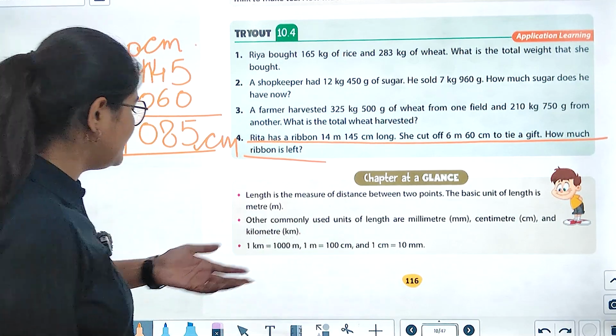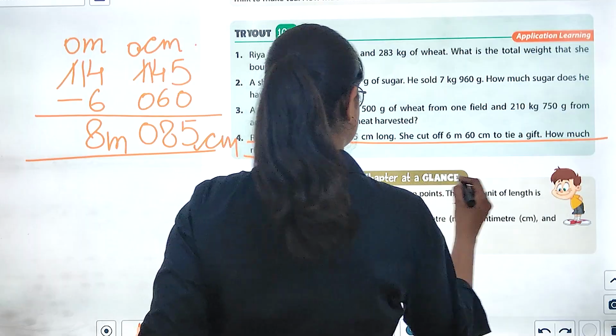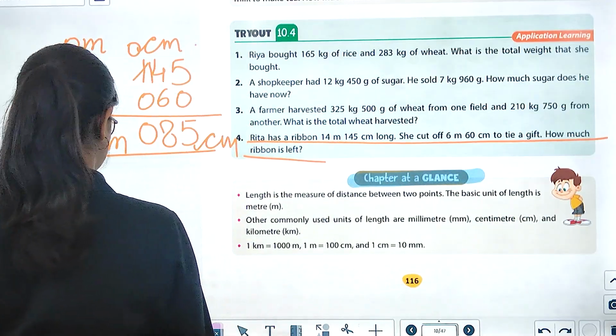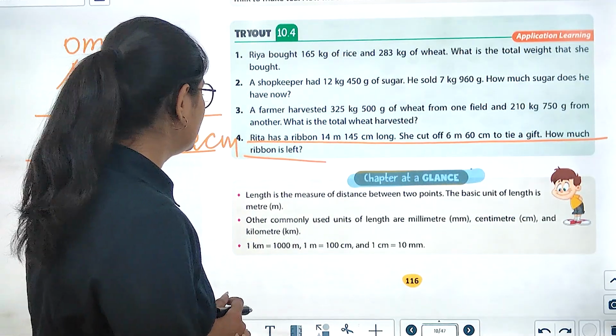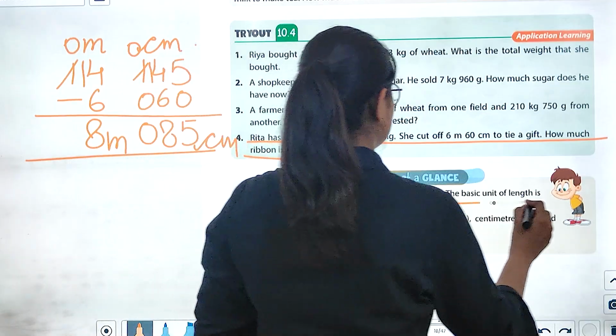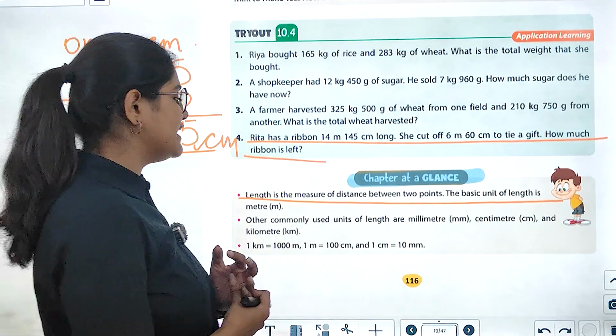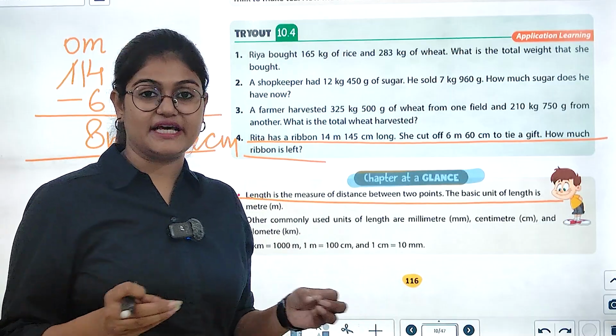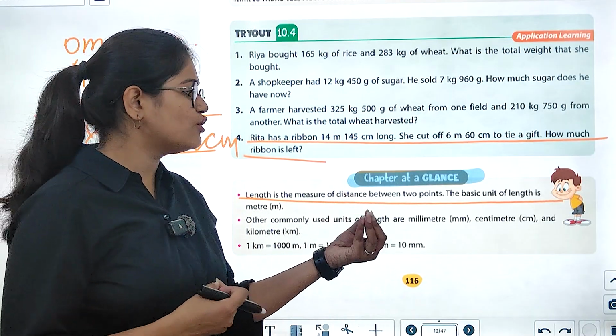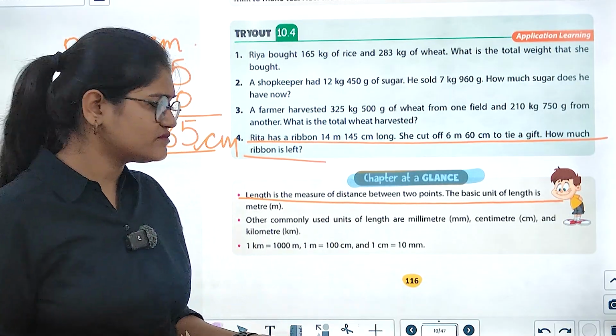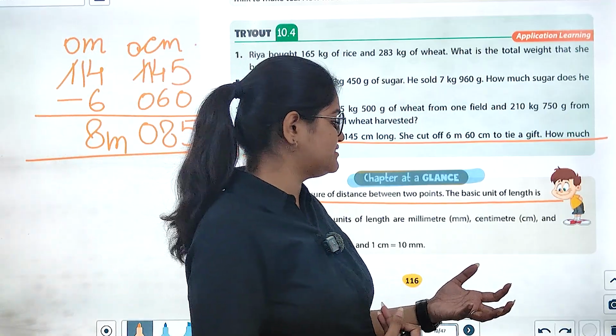So now let's have the chapter at a glance. Let's see what all points we studied in the chapter. So it is, length is the measure of distance between 2 points. That is, length is actually the measurement of how much distance is between two points.